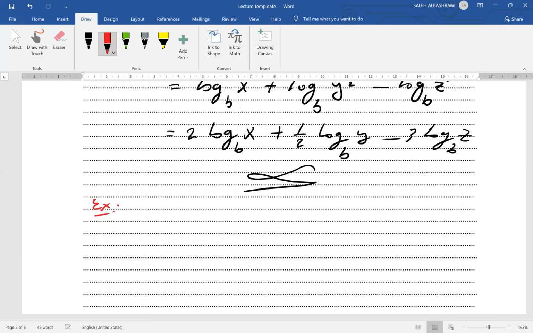I need to write each expression as a single logarithm with coefficient 1.